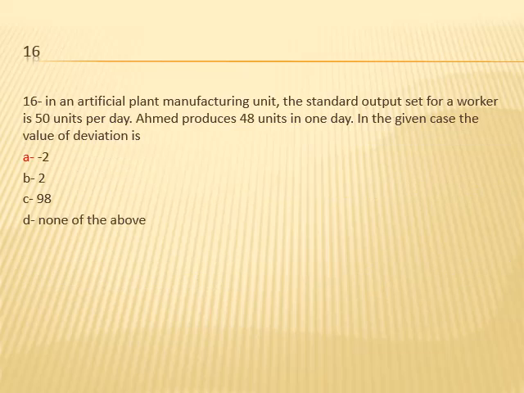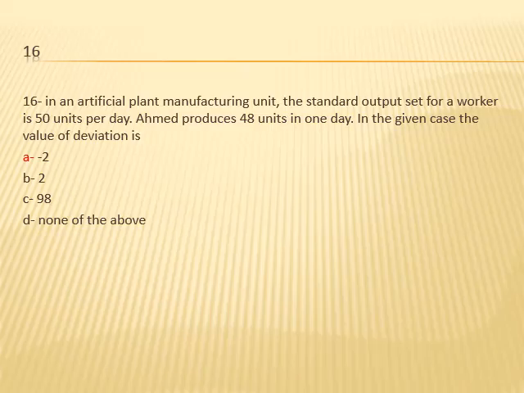Question 16. In an artificial plant manufacturing unit, the standard output set for our workers is 50 units per day. Ahmad produces 48 units in one day.